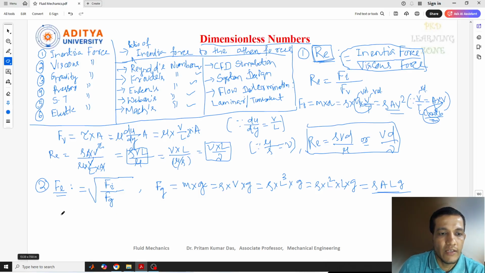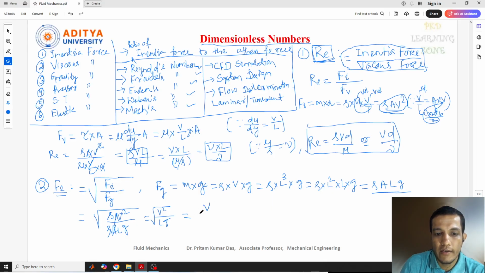As per the definition, the Froude number is defined as the square root of the ratio of inertia force to gravity force, when the fluid is flowing. Putting the values, rho A V square divided by rho A L g, rho A will be cancelled, leaving V square by L g, under the root.